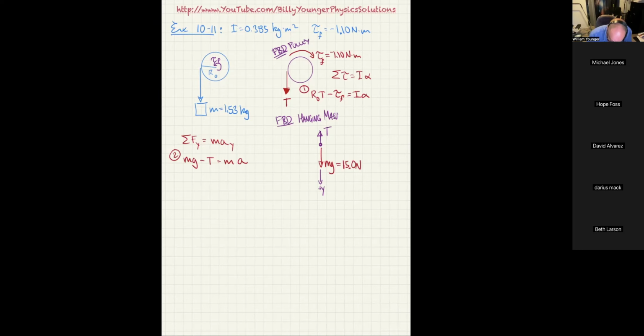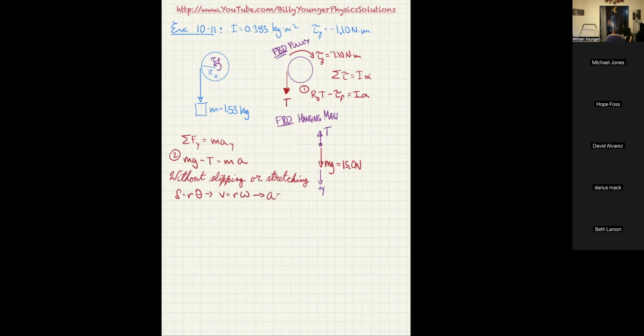So, without slipping, we see that S is equal to R times theta, which means v is equal to R times omega, which means a is equal to R times alpha.